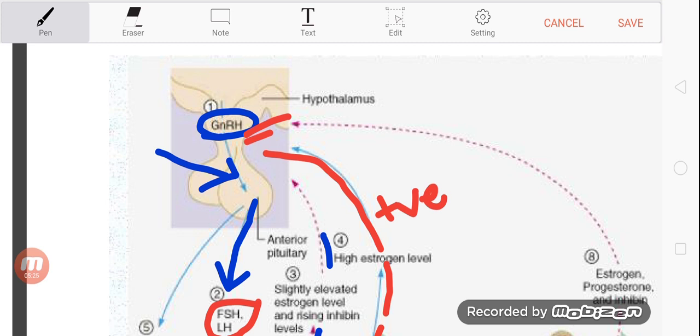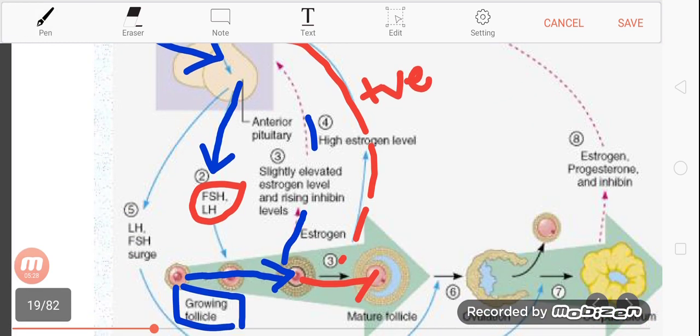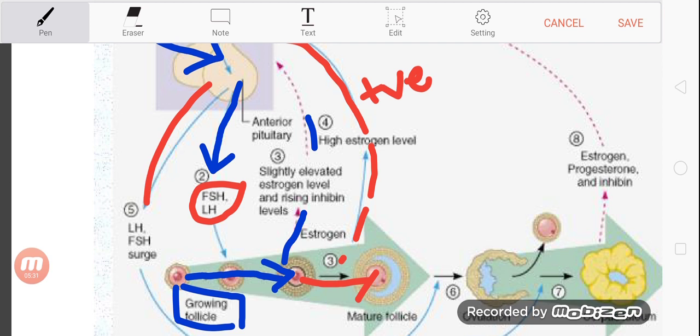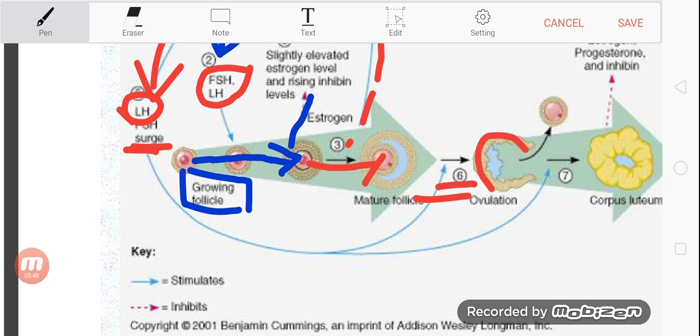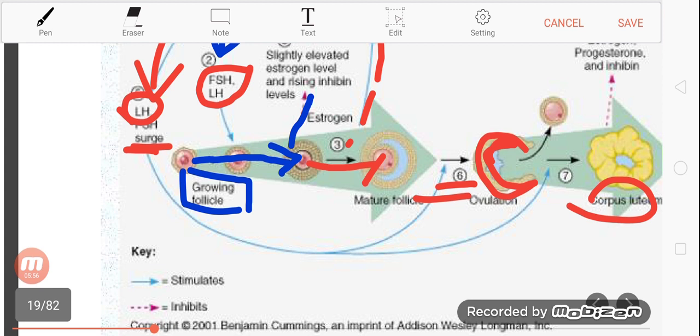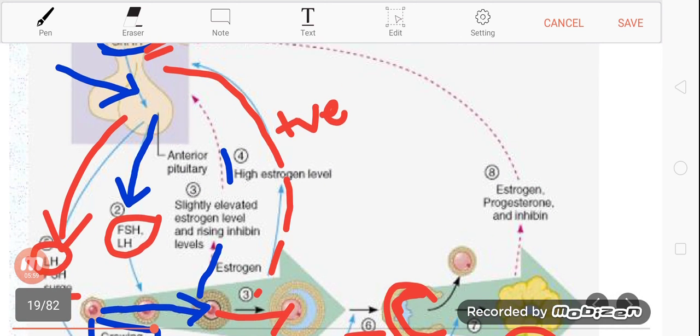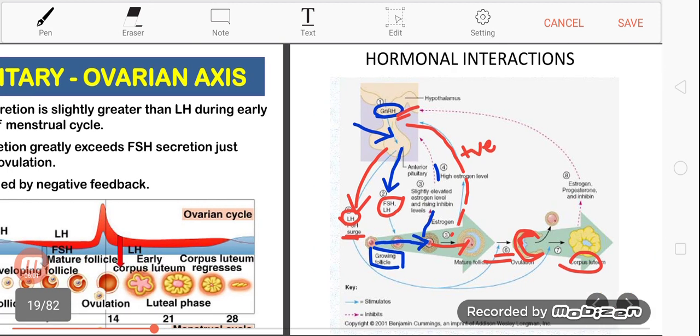So eventually the secretion of LH and FSH is higher, especially LH, the LH surge, and this LH surge will cause ovulation. The left-behind follicles will transform into the corpus luteum and will take over hormone secretion.